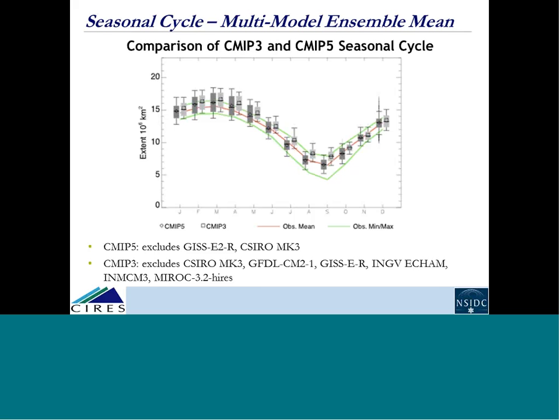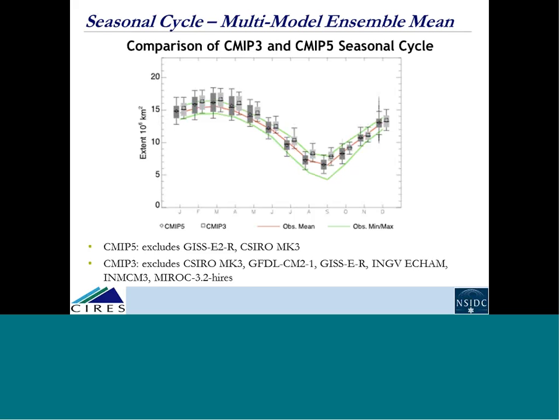CMIP3 tended to overestimate some of the long-term monthly means, especially in winter. And CMIP5 tends to do a little better, certainly falling pretty much within the observed range in spring and in September in particular.